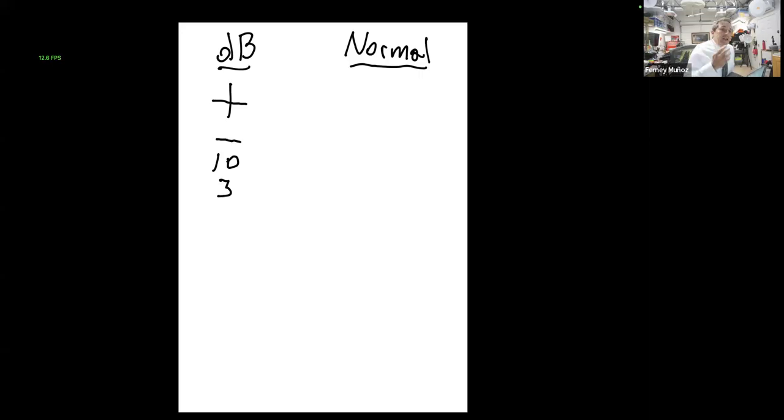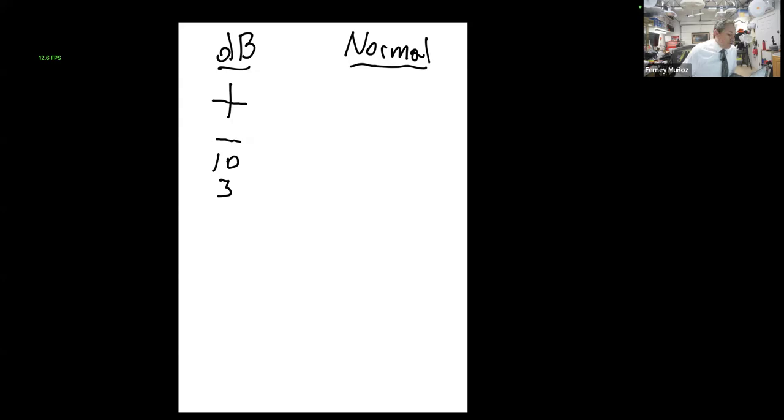With any combination of those 4 items, plus, minus, 10, or 3, that's why they call it the tens and threes rules, we will get to any number in dBs.